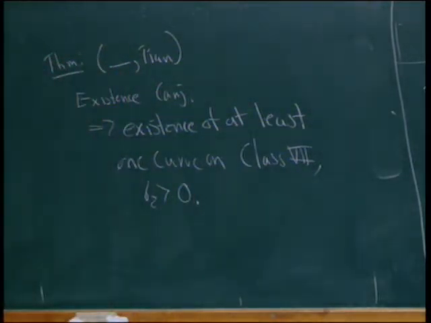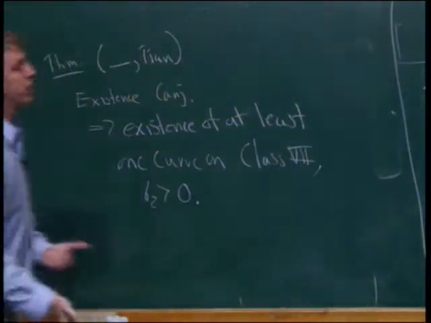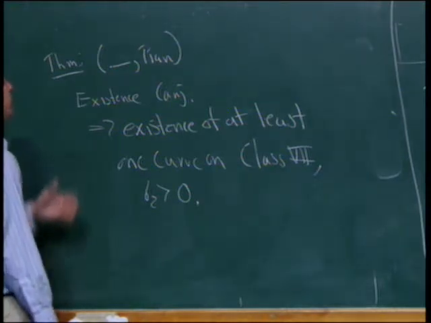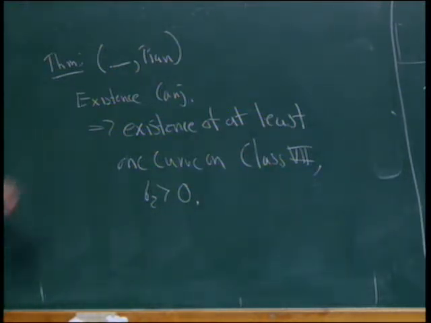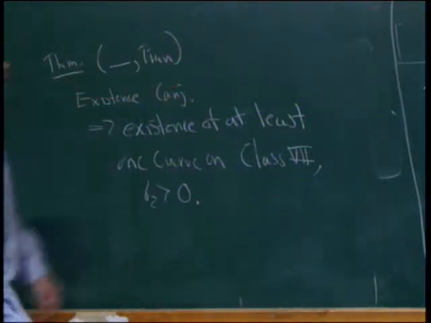So in particular, it would recover the classification when B2 equals 1. And in fact tell you something much stronger, that all of these at least have one curve. And we hope to show that the existence conjecture implies all the curves, but we're still working on that.